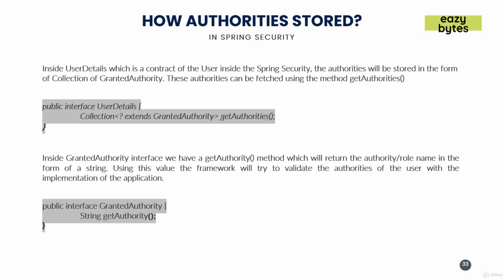And we store all these authorities details using the GrantedAuthority interface. Inside this interface, we have a method called getAuthority, which will be called by Spring Security at runtime to fetch the name of the authority and compare it with your configurations or business logic that you have implemented. So let's go and see all these methods and interfaces inside the code.